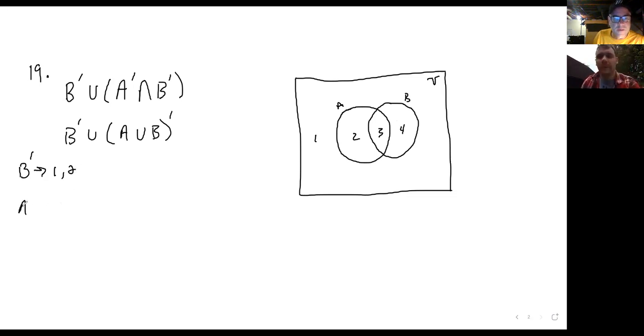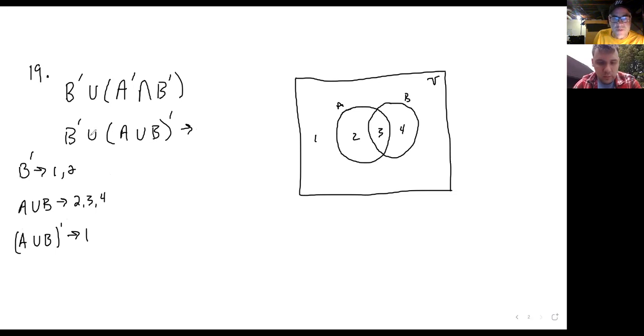Then I'll figure out A union B. That's got to be in A or B. And so that would be regions 2, 3, and 4. Now, if you take the complement of that, that's everything outside of those regions. So that would be just region 1, which then gets me to a point.